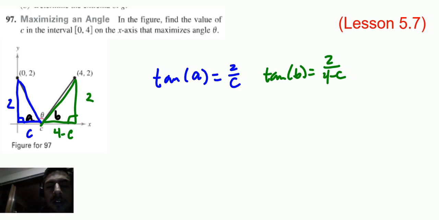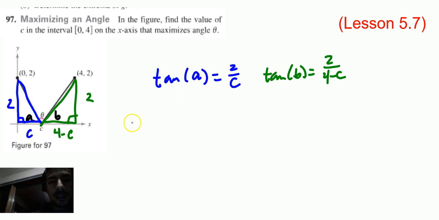I'm thinking here for a second. I want A to be as small as possible and B to be as small as possible.